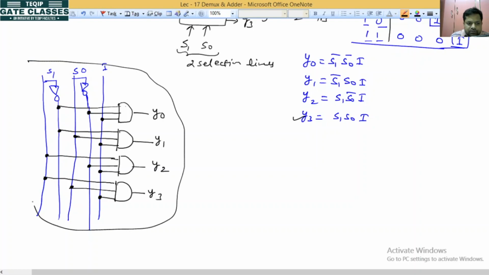Okay na? So this is the circuit diagram of 1x4 DMUX.